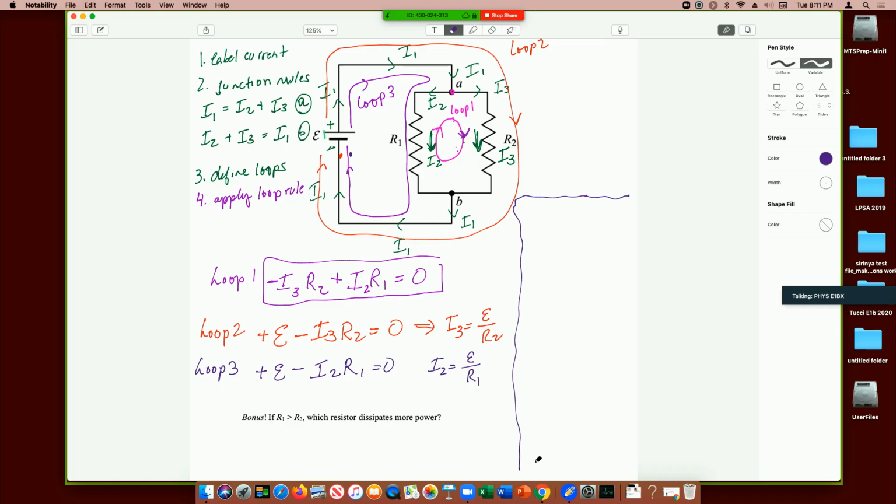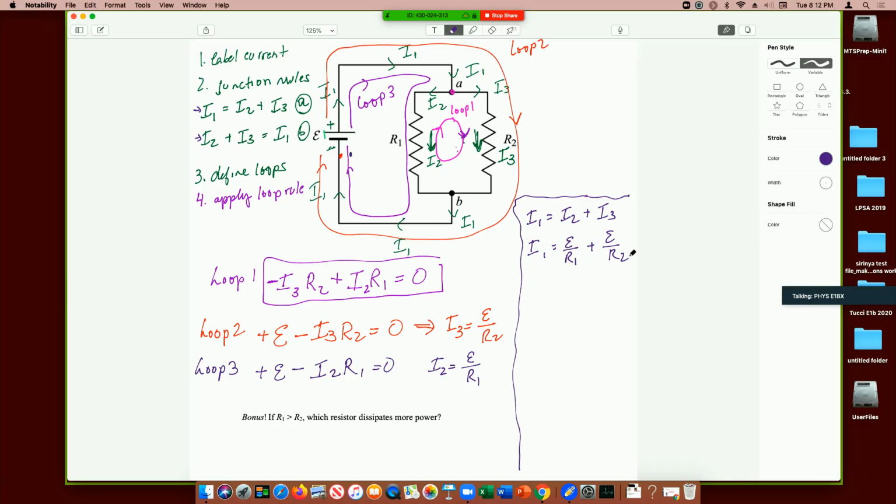I know from my loop rule, remember I wrote out these redundant loop rules, I know that I1 equals I2 plus I3. Now I know what I2 and I3 are, so I could substitute those two things in. That equals E over R1 plus E, where that's just the voltage of the battery, over R2.